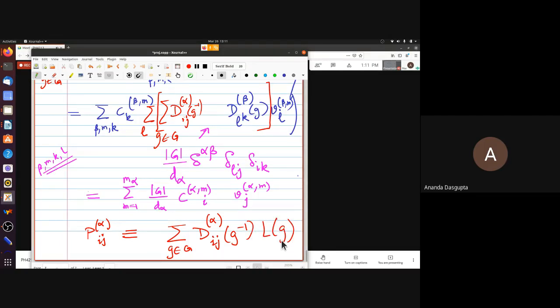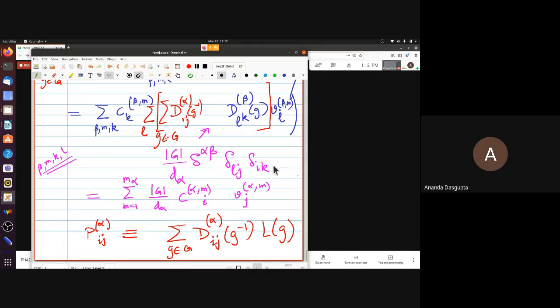Remember, when you had an original representation, you had operators for each group element. So what you're really doing here is multiplying each of those operators by some weighting factors, D alpha ij of G inverse, which are just numbers, right? And summing up over all the group elements. So this is some kind of weighted sum of these operators L of G. And when you take all of them together, you get this projection operator.